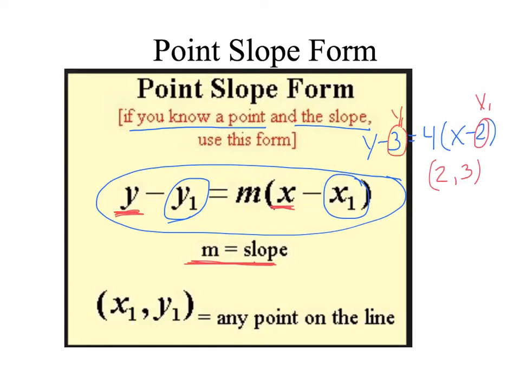The negatives always go with the formula, but if you see something like this, y minus 3 equals 4 times x plus 2, if you have a plus, that means what you really had was minus a negative. So this would go through the ordered pair (-2, 3), and this would still be a positive 3. So the negative goes with the formula. If you happen to see a plus, that means that value is negative. Okay, and I'll show you more of what that means when we get into some examples.